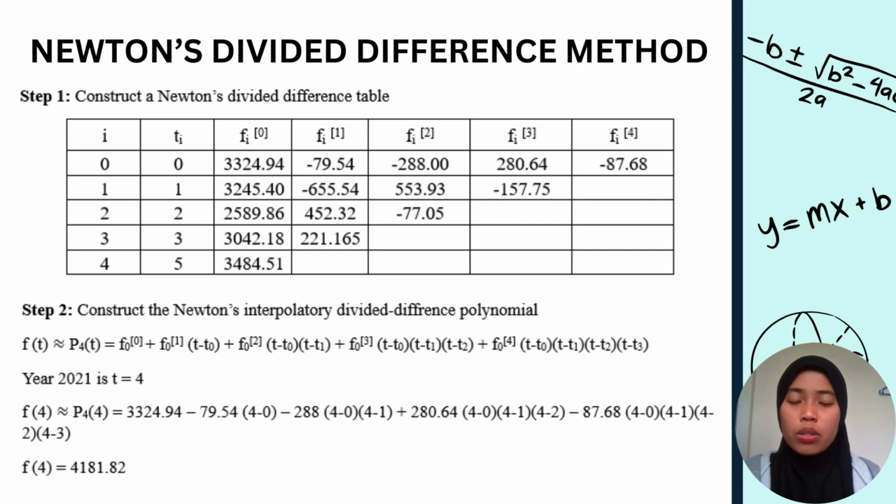Since year 2021 is t equals 4, we replace the t in the formula with 4. Then we calculate, and we get the answer 4181.82. So this means using Newton's divided difference method, the estimation for annual mean precipitation in 2021 is 4181.82 mm.